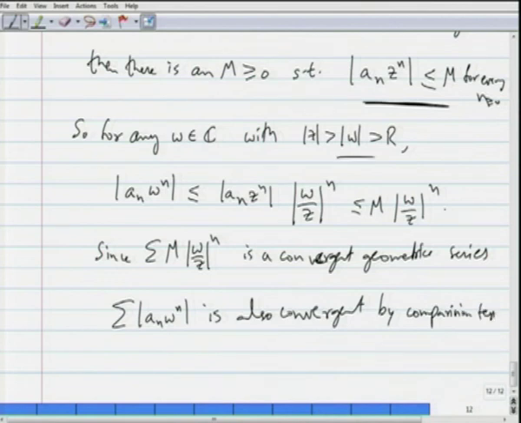But notice that the modulus of w is greater than R, and we are saying that there is a number w whose modulus is greater than R, and sigma a_n w^n is absolutely convergent. So, this is a contradiction to the definition of R.